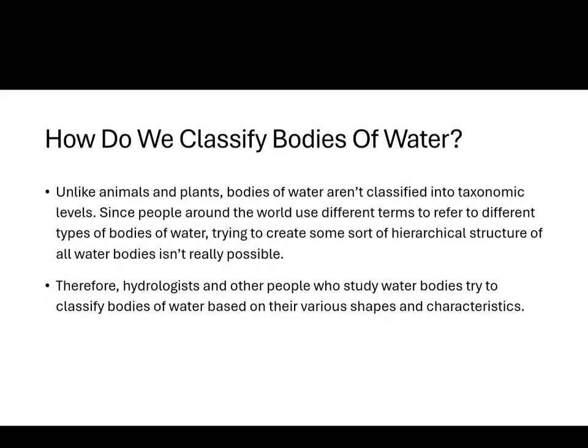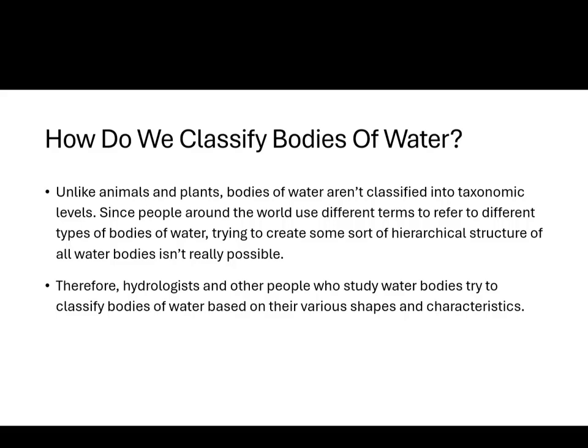How do we classify water bodies? Unlike animals and plants, bodies of water aren't classified into taxonomic levels, since people around the world use different terms to refer to different types of bodies of water. Trying to create some sort of hierarchical structure of all water bodies isn't really possible.